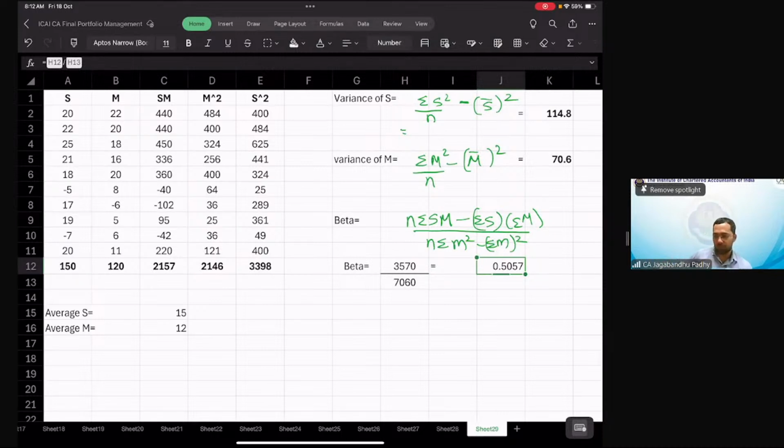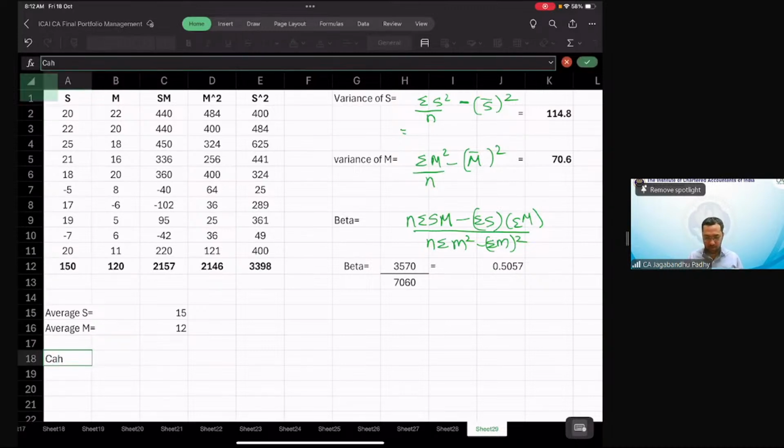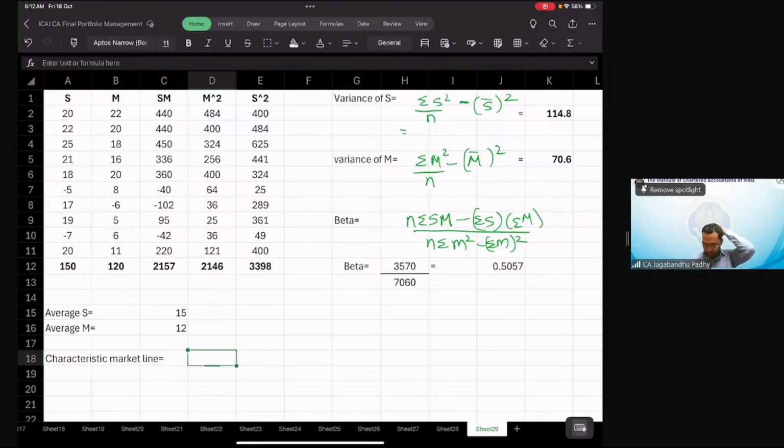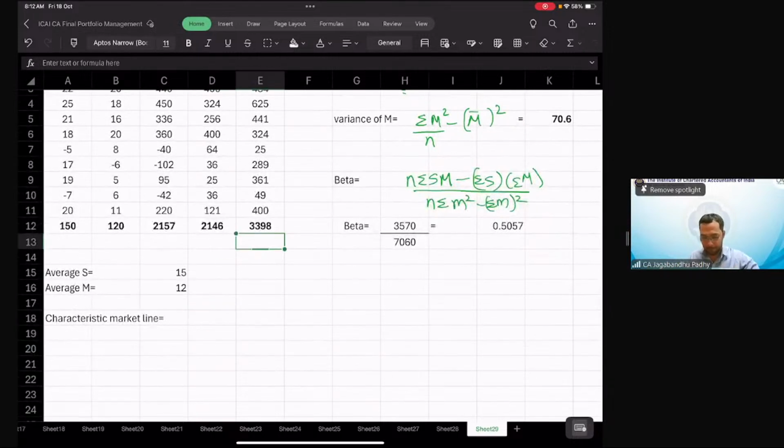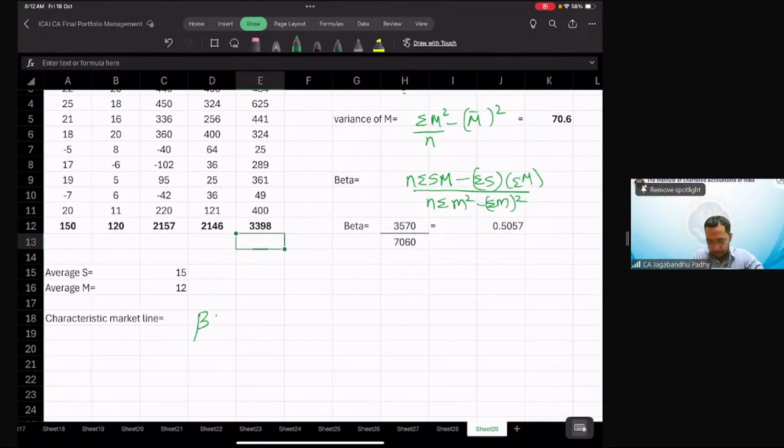Right? Okay, so we got the variance of security, variance of market, and now we've got the beta. To now form the characteristic market line, we need alpha. Because the characteristic market line is given as beta into market return plus the alpha plus the error term, right?